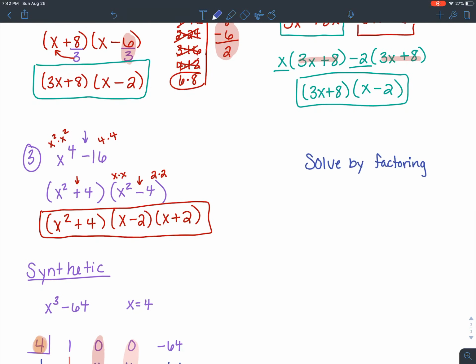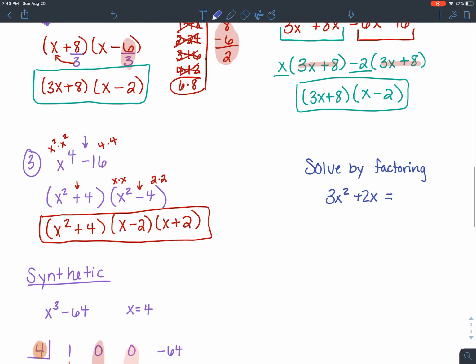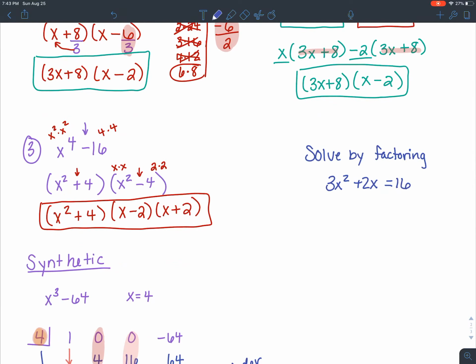Sometimes it's not equal to 0. So it might look like 3x squared plus 2x equals 16. You got to set it equal to 0 first. I'm choosing the problem that we did with factoring so that I can just write down the answers.